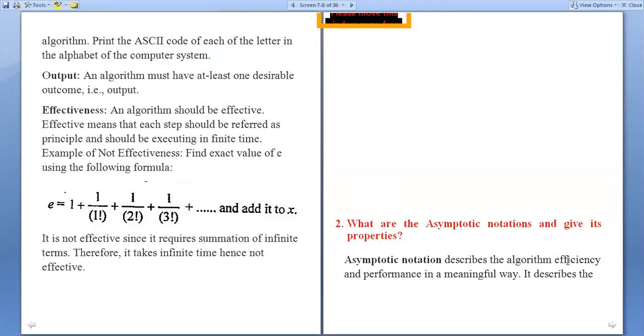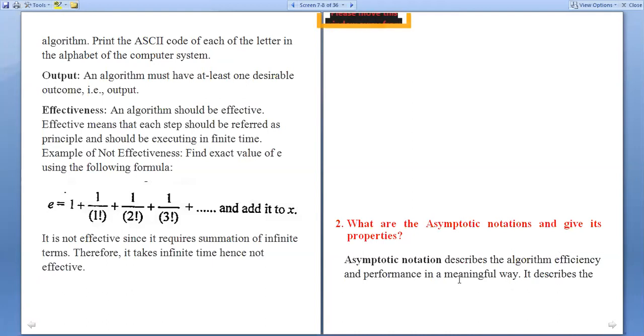That means whatever algorithm you consider for solving any problem, there are several algorithms. You want to find the efficiency of the algorithm, the performance of the algorithm. For this, you should have knowledge about asymptotic notation.